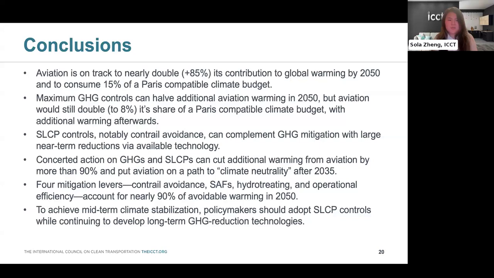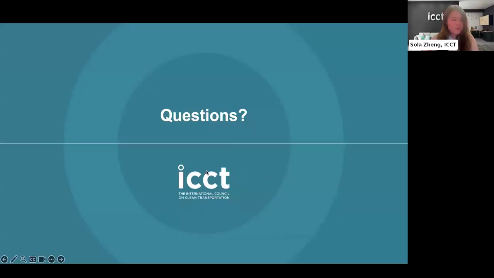And lastly, in terms of which technologies to prioritize, we think policymakers should really adopt SLCP controls as soon as possible while continuing to develop the long-term GHG mitigation technologies in the meantime. And that's all from the summary presentation.